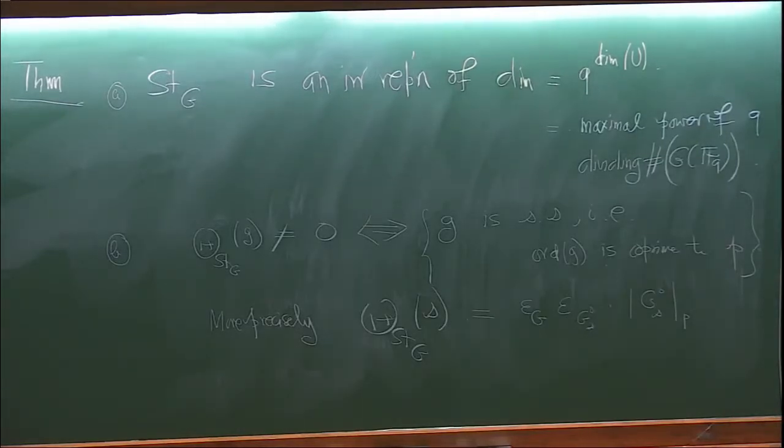W_s is the subgroup of W which stabilizes the pair M comma W. By definition, it is the stabilizer. What happens is that those elements of W which preserve M and also preserve W. You may just say it is the stabilizer of this pair.